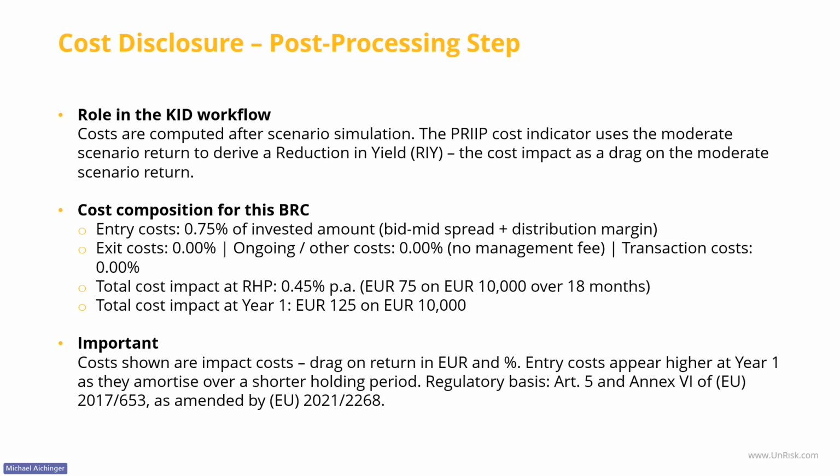So if it's 0.75% entry costs, then it means these are 75 euros entry costs, and we calculate this reduction in yield you get based on these entry costs, and we calculate this difference as an impact.